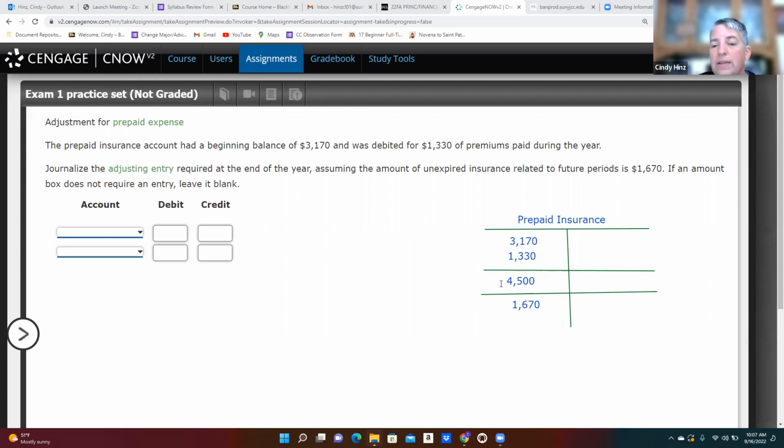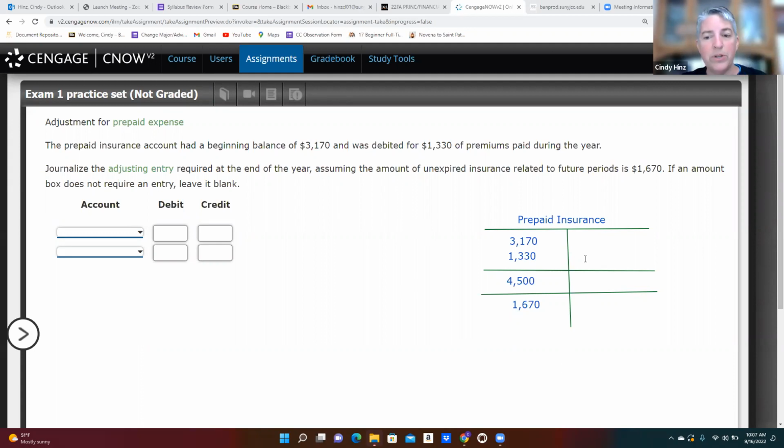So from what I've already said, we have $4,500 in there right now, but we know it should only be $1,670. So if we have too much in that account, we know we're going to need to credit this account to bring it down to the correct balance that we've identified.